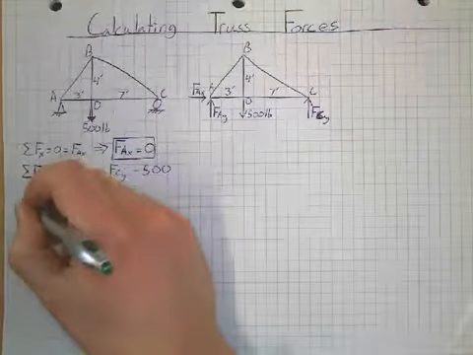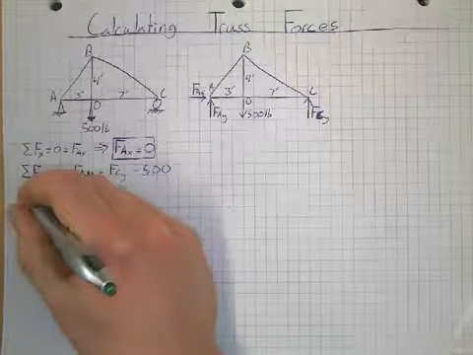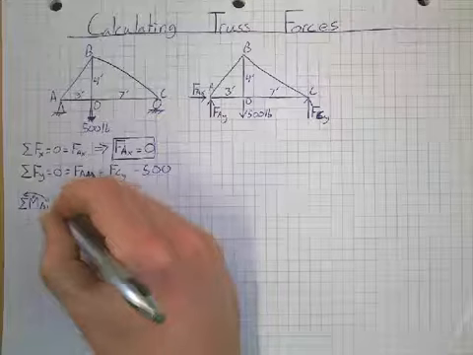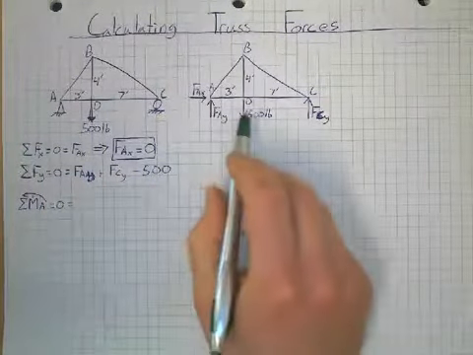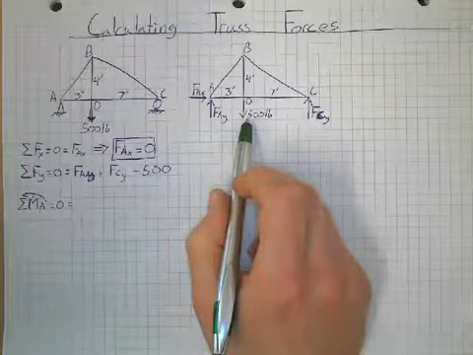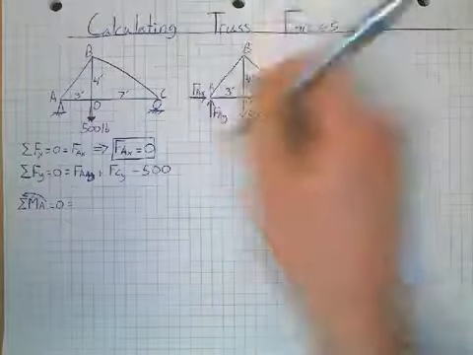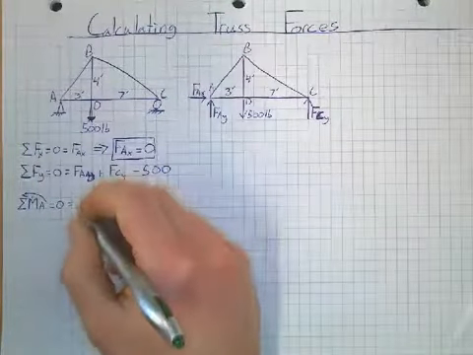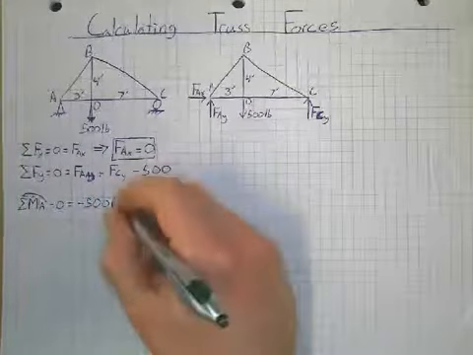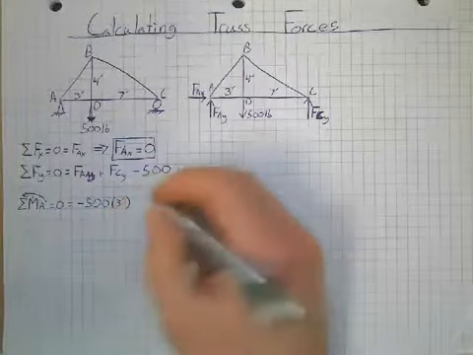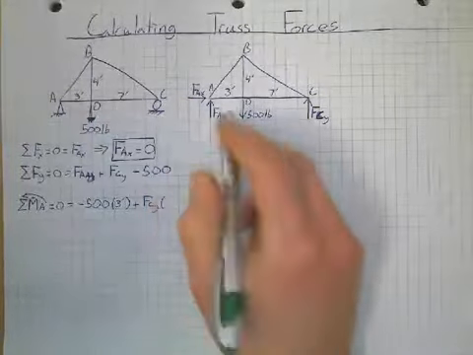The sum of my moments, again, are going to be at the pinned connection, so about point A. Those are equal to 0. If counterclockwise is positive, 500 is acting around A in a negative, clockwise direction. So I'll say negative 500 times 3 feet plus FCY times 3 plus 7.